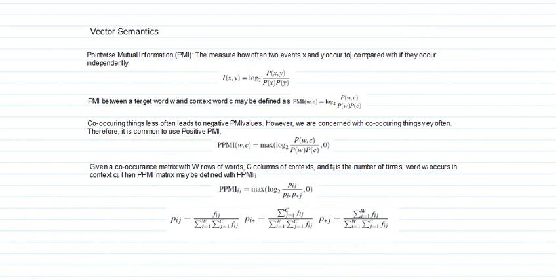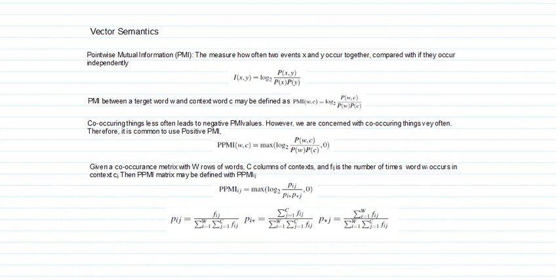So the PMI, pointwise mutual information, of x, y is P of x comma y, that is the joint probability, divided by the independent probabilities of x and y. So what does it mean? This P of x, y actually means that this is the joint probability.